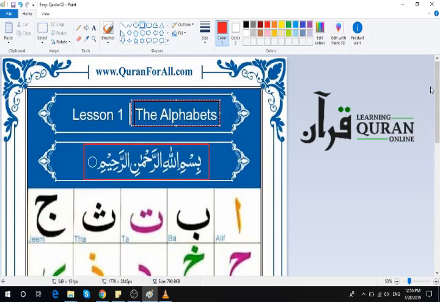Inshallah ta'ala, in this lesson we will learn the names of these letters, the shape of these letters, the identifications of these letters, and the sound also. And in the last, inshallah, we will learn some letters which we call bold letters, and some letters which we call light letters. So inshallah, in this lesson we will cover those letters also.